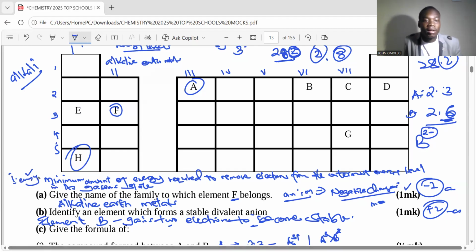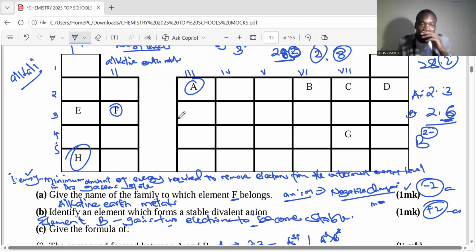Are you getting that? So it is the minimum amount of energy required to remove. So which one has the minimum amount of energy required because of the less strong attraction?